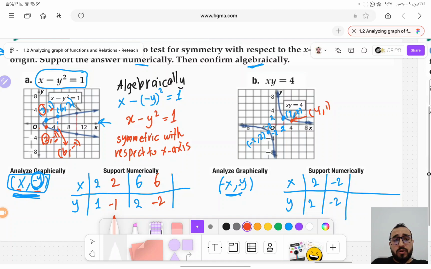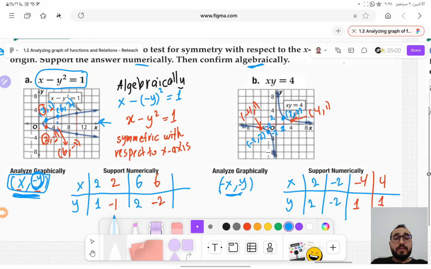So for sure the other point should be -4 and 1. So it should be here, -4 and 1, and here also it will be 4 and 1. So this is how I can support it numerically. As you can see, every x is repeated with a negative sign.